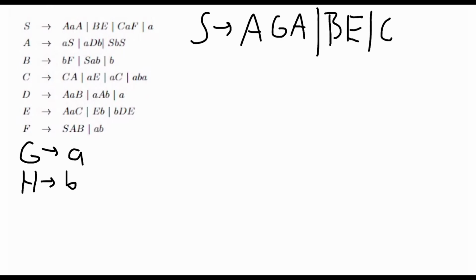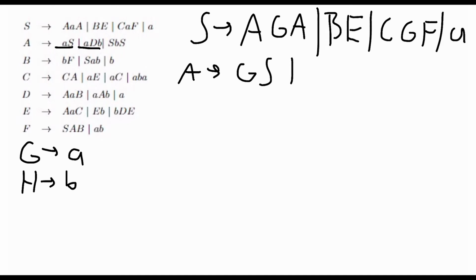Then we have C, G, F, and we have lowercase a there stays the same. Same thing with A. I won't rewrite the whole thing, but just to show you the idea, we have G instead of A right there, so we have GS.